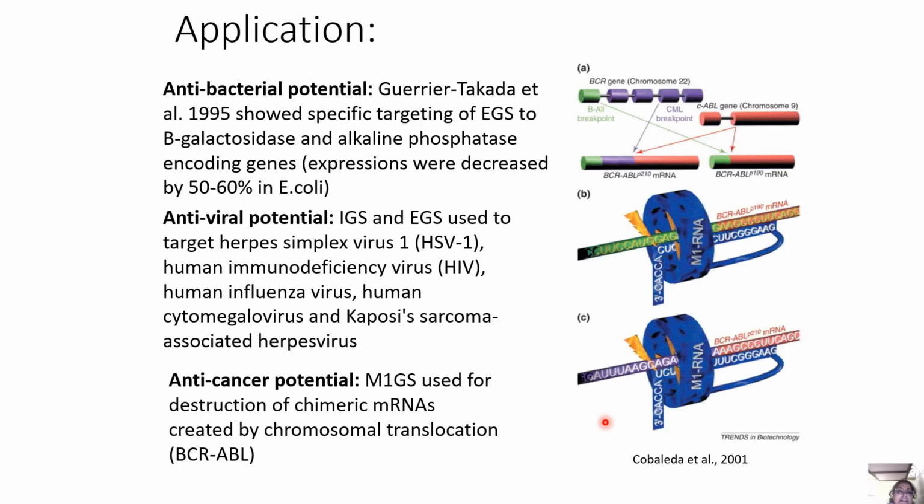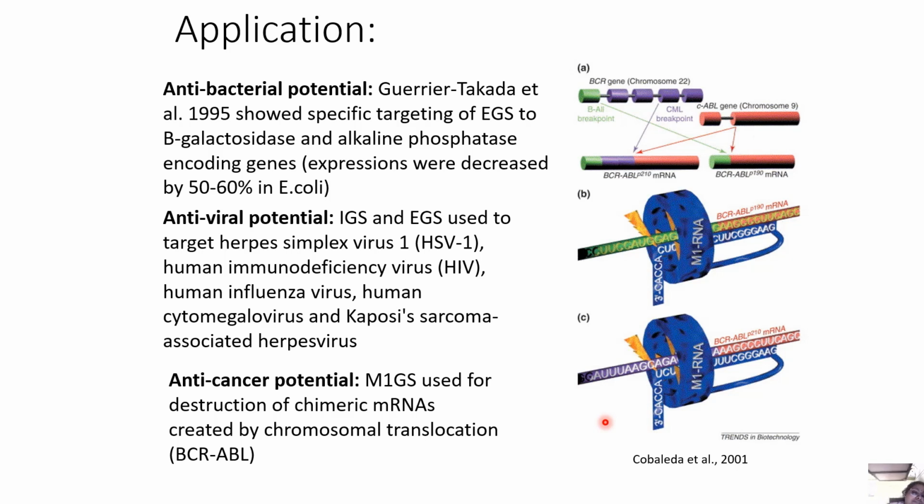If you talk about application, antibacterial potential, Kikuchi and Takada et al. 1995 shows specific targeting of EGS to beta-galactosidase and alkaline phosphatase encoding genes. Expression was decreased by 50-60% in E. coli.